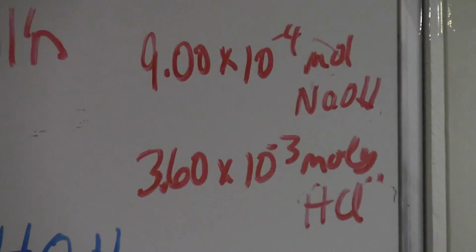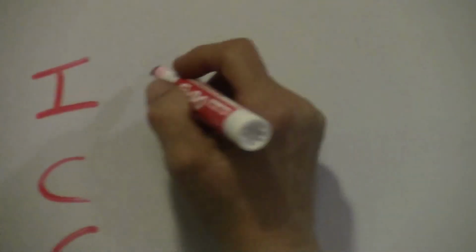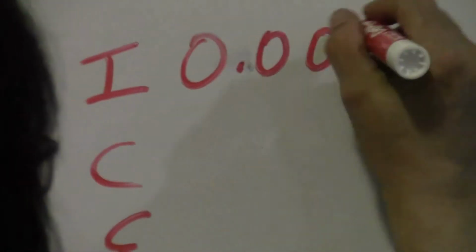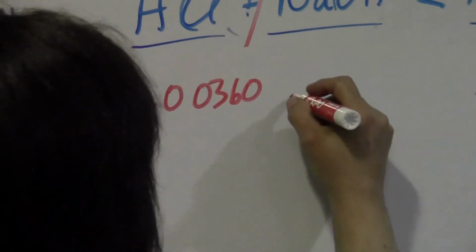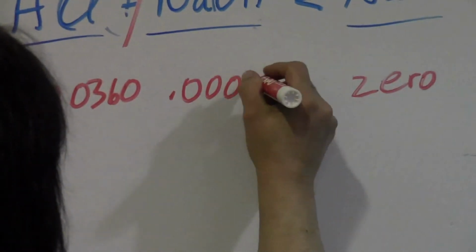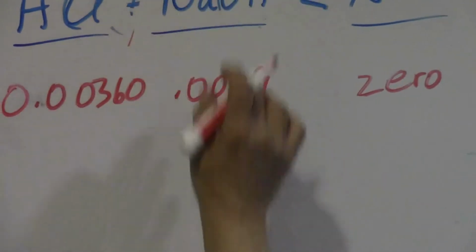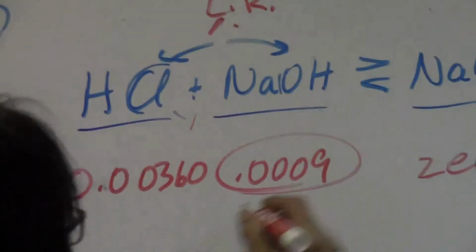Somewhere along the line I switched them. So I'm going to write it out as a decimal so it's easier to see. 0.00360 moles here, 0.0009 moles here, and so our limiting reagent is the smaller number.